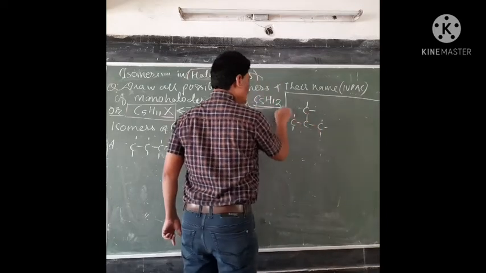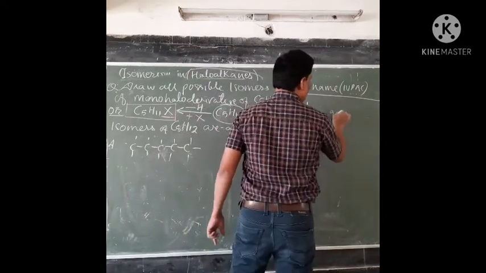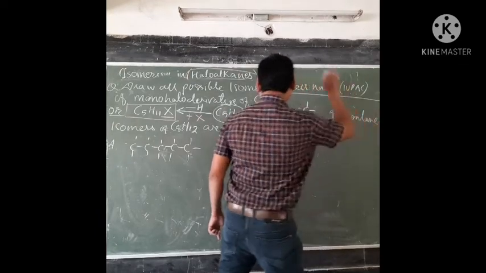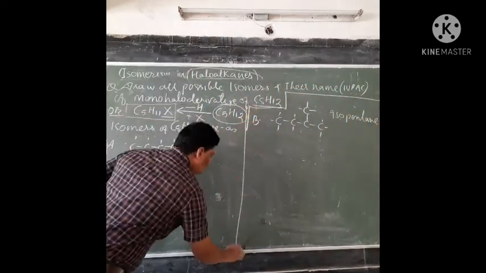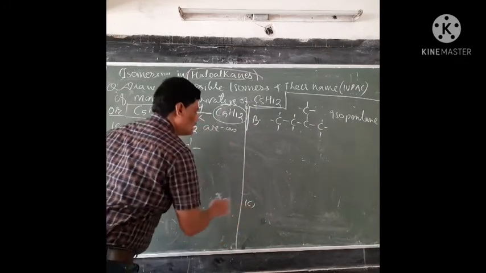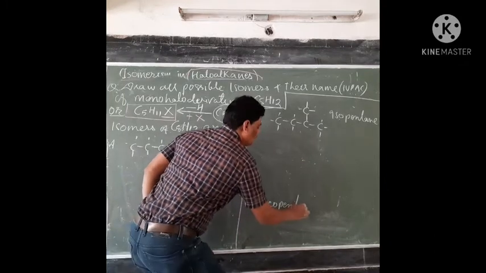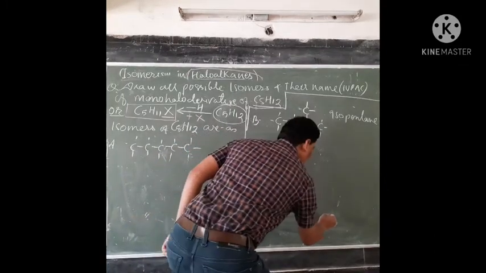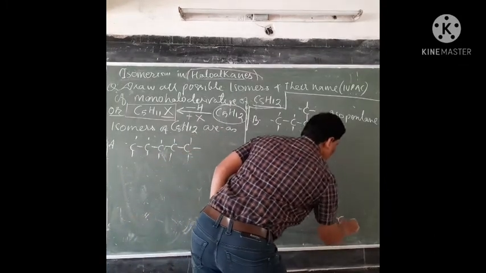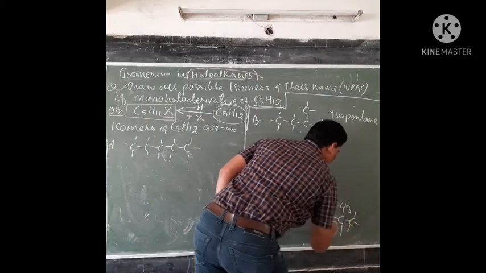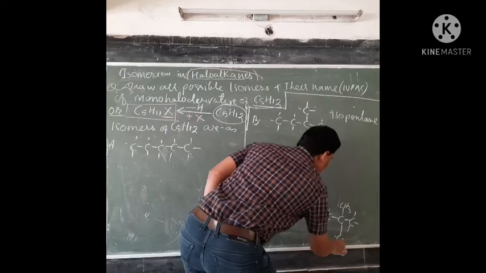This is called isopentane. And one more, number C, is called neopentane. How to write neopentane? Three carbon atoms in the main chain with 2 substituents, so CH3, CH3, and CH3.